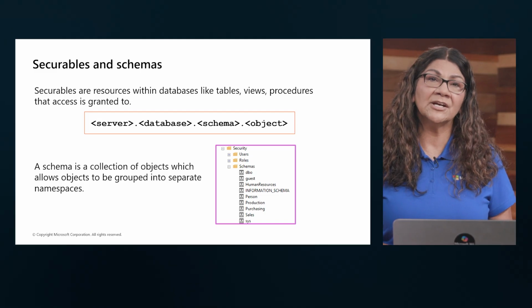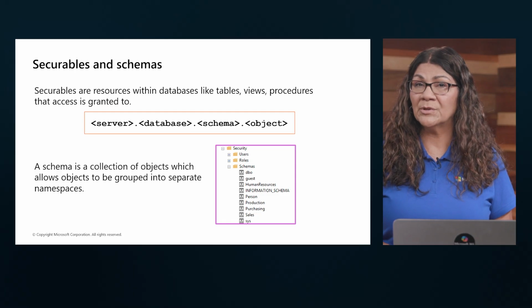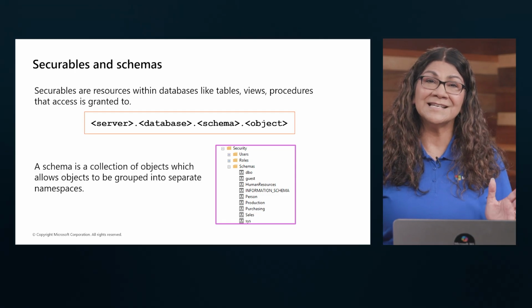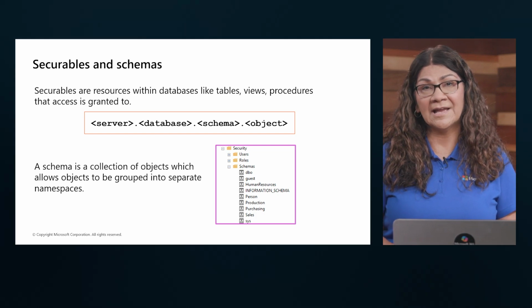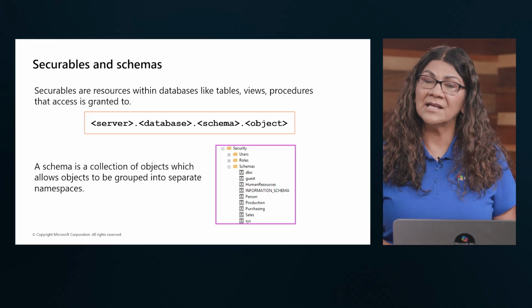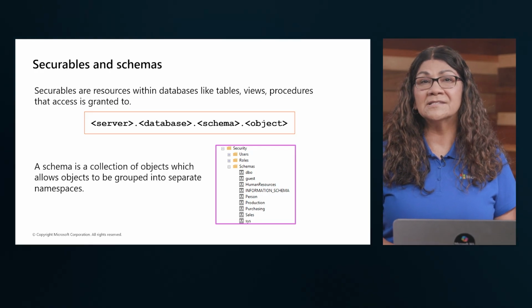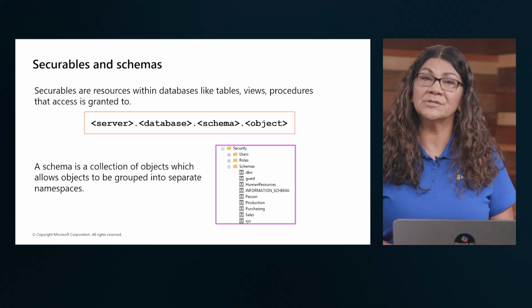Best practices here include assigning permissions at the schema level to reduce complexity, using consistent naming conventions for clarity, and regularly auditing access to ensure compliance. This structure supports scalable, maintainable, and secure database environments across both cloud and on-prem deployments.